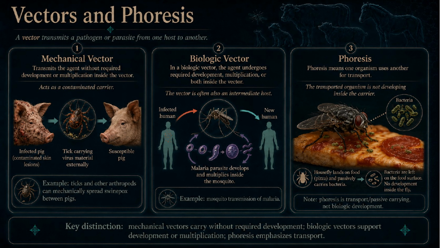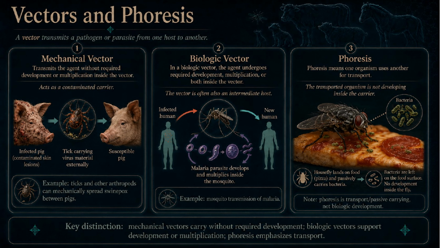Mosquito transmission of malaria is a classic example. The malaria parasite develops and multiplies inside the mosquito before transmission to another host. Phoresis is related but different. Phoresis means that one organism uses another for transport. The transported organism is not necessarily feeding on or infecting the carrier.